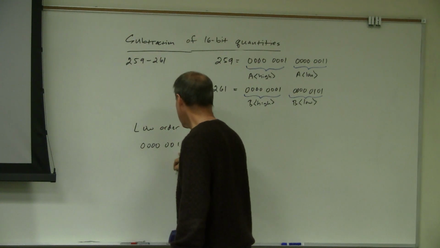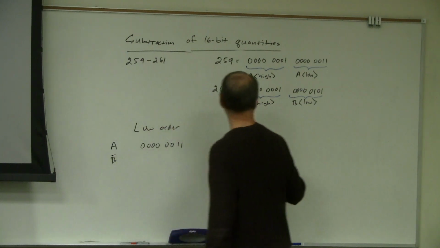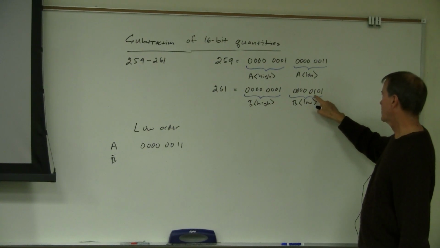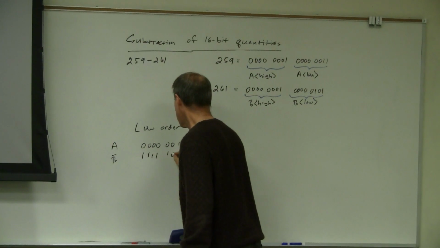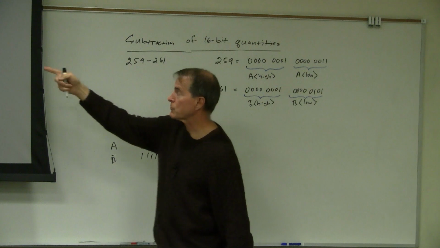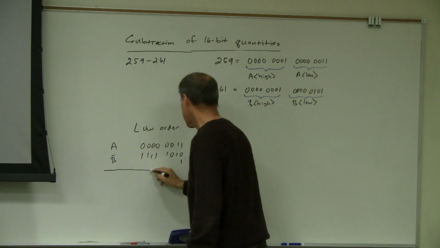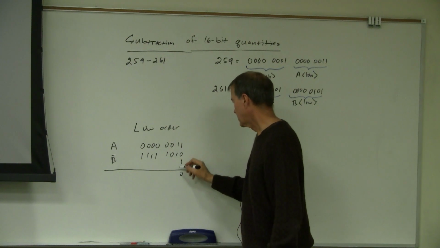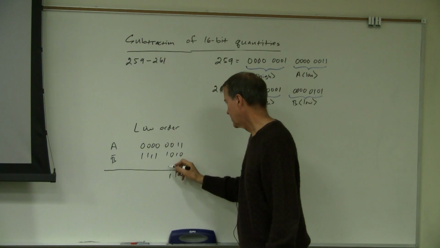So this one is the A. Now what's the B bar? The B bar would be 1, 1, 1, 1, 1, 0, 1, 0, and then an extra 1. So here it does this. 0, 0, carry the 1. 1, carry the 1, 1, carry the 0.